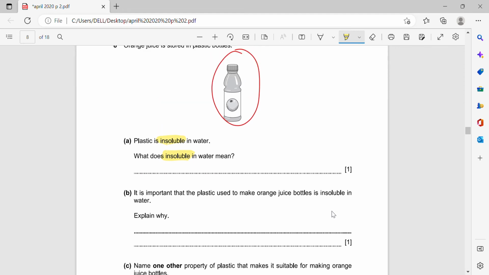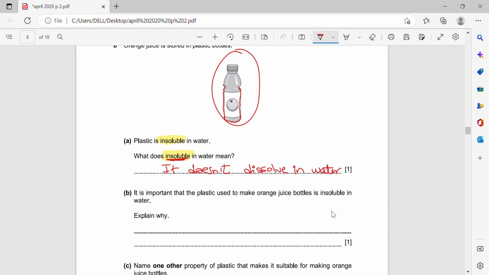Okay, so I have here inside the bottle orange juice, and this is the plastic bottle. What do I mean by the word insoluble? Okay, great. Insoluble means it does not dissolve in water.